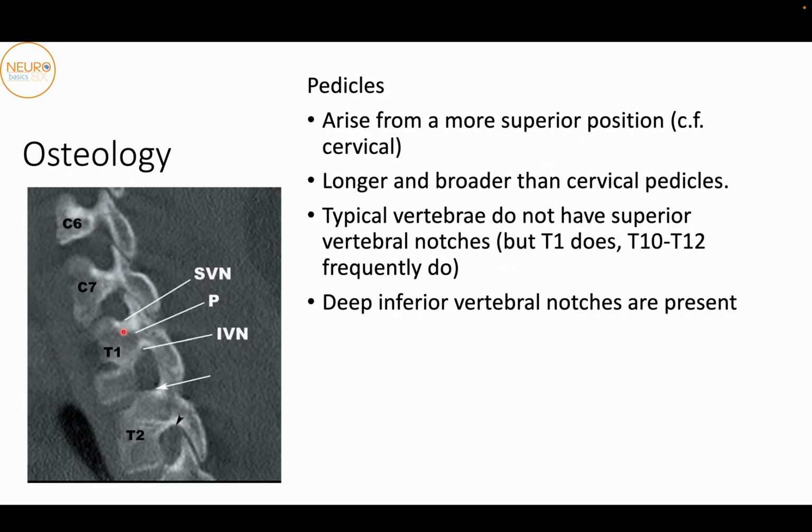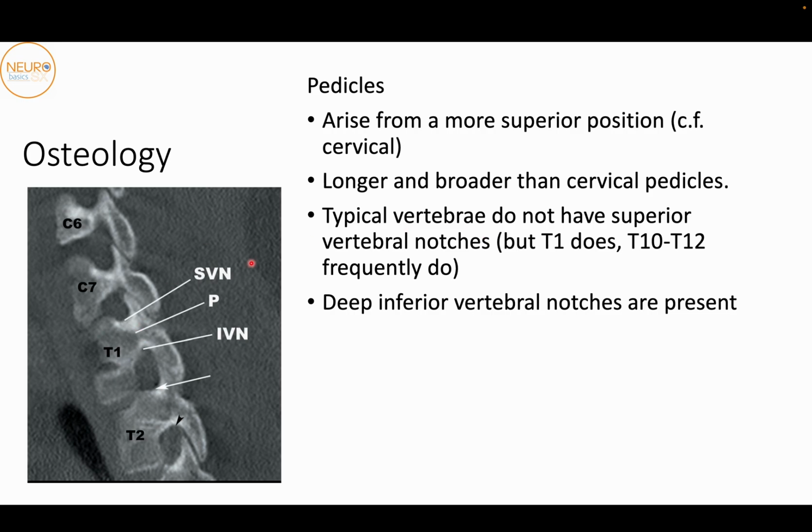The pedicles of the thoracic vertebra arise from a much higher position than at other levels of the spine. So they arise from a more superior position as compared to the cervical and the lumbar vertebrae. They are also longer and broader than the cervical pedicle. As you can see over here, the C7 pedicle is narrower, but the T1 pedicle is quite broad in comparison.